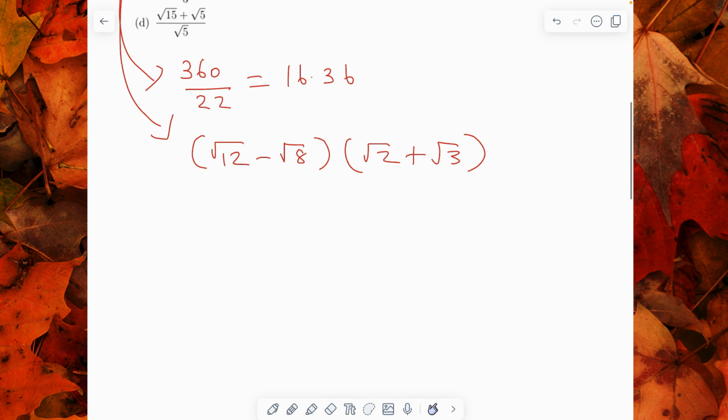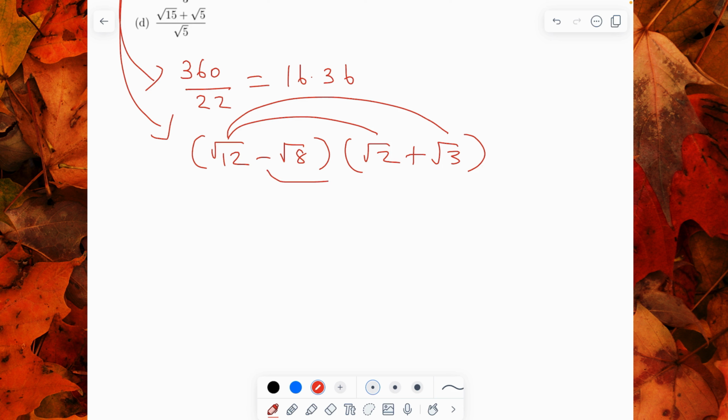Root 12 into root 2, similarly root 12 into root 3, and here minus root 8 into plus root 2, similarly minus root 8 into plus root 3. Alright, so let us solve step by step. First our focus is on this root 12 into root 2.